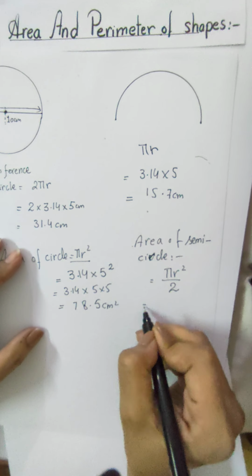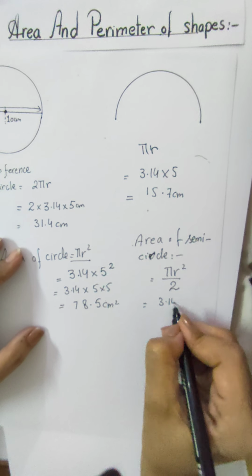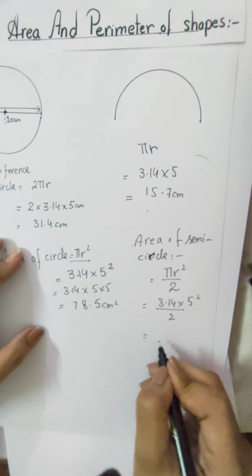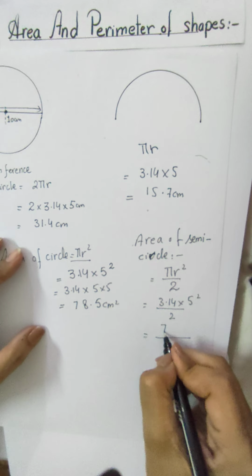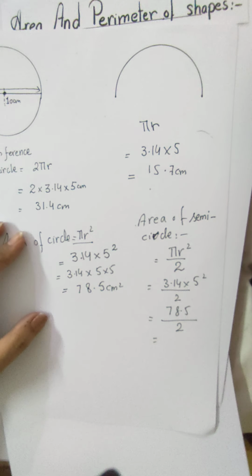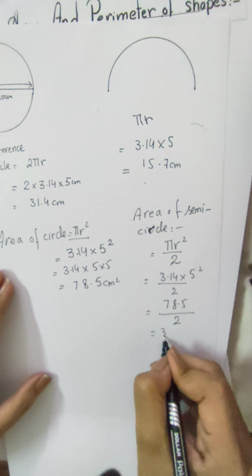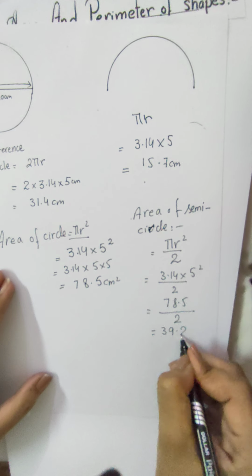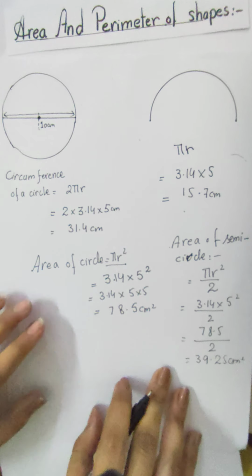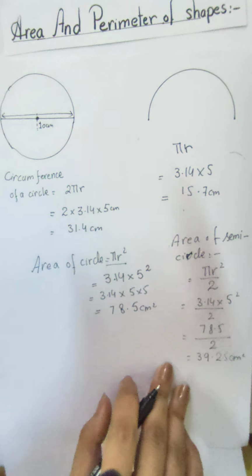Now putting the values in this formula, 3.14 multiplied by 5 square divided by 2. The answer is the same, 78.5 divided by 2, and the answer is 39.25 centimeter square.